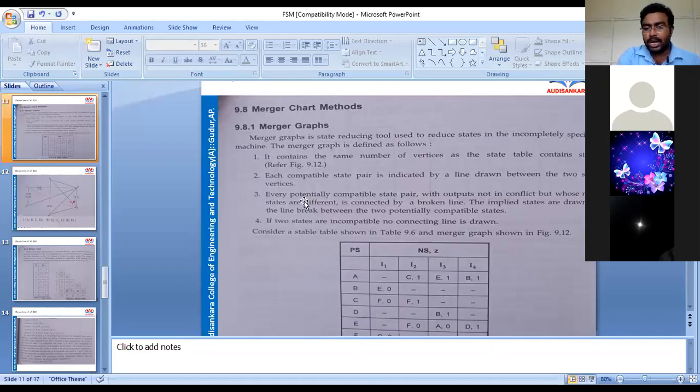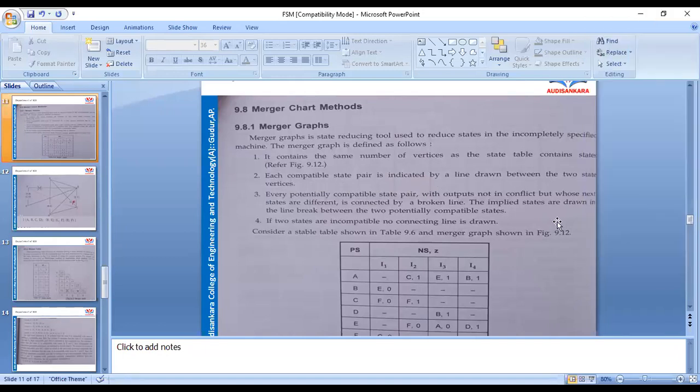Then look at step number 2. Each compatible state pair is indicated by a line drawn between the two state vertices.